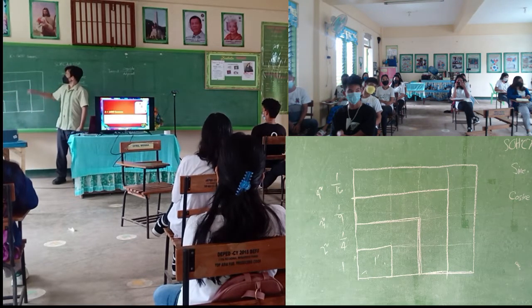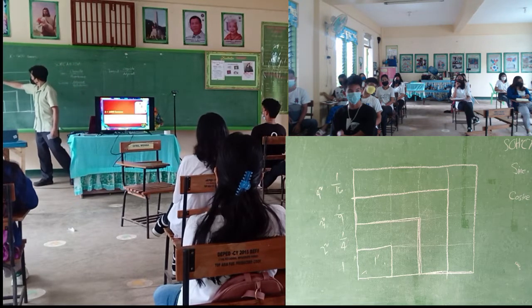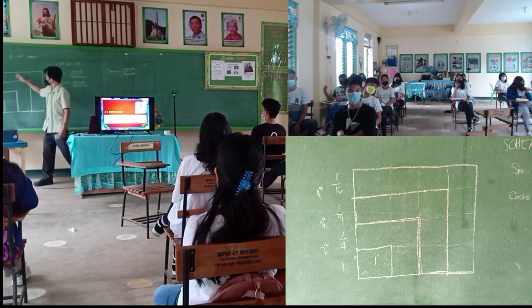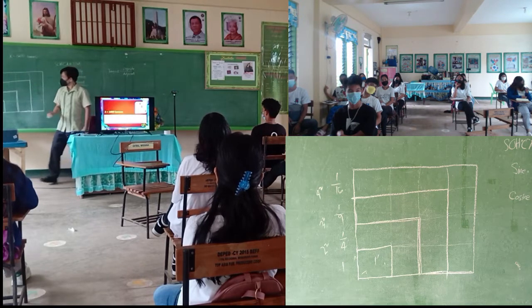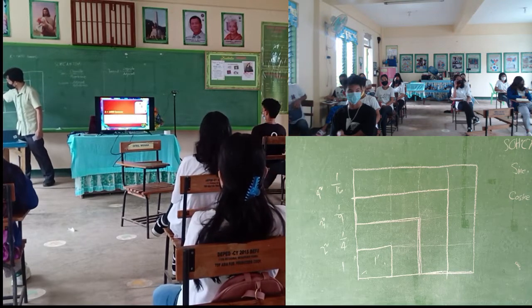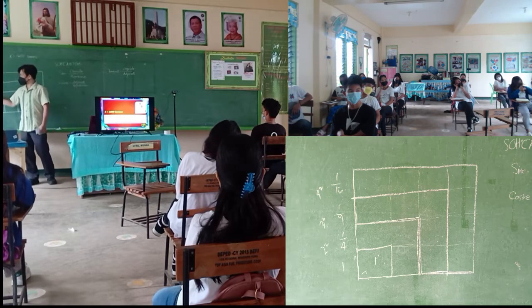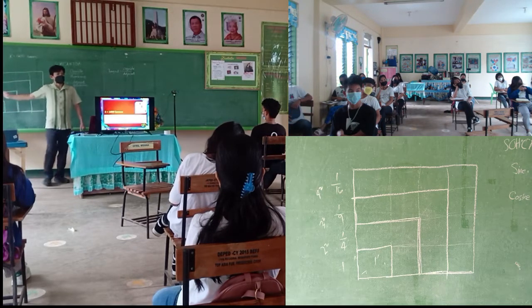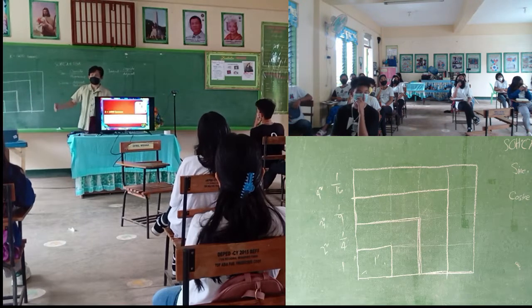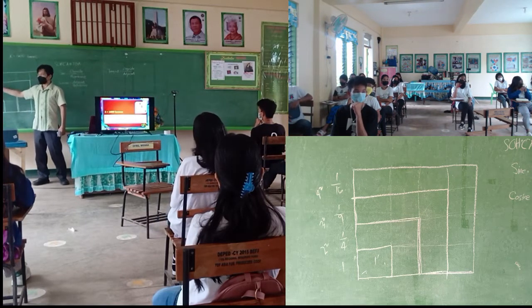Sa ito pa, 1, 2, 3, 4, 4 lang kaya 16. So kung tanawon ninyo, this is 2 squared, this is 3 squared, this is 4 squared. 4 times 4, 16; 3 times 3, 9; 2 times 2, 4. Inversely proportional sa iya distance. Ang distance nila is 1, 2, 3, 4.